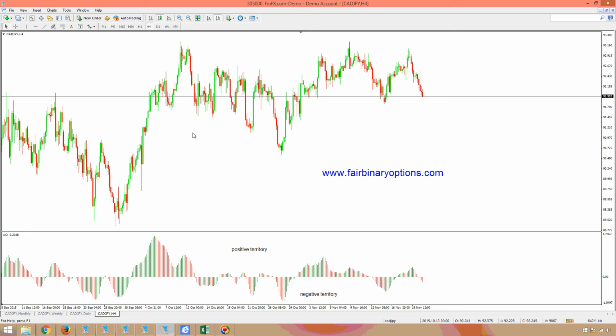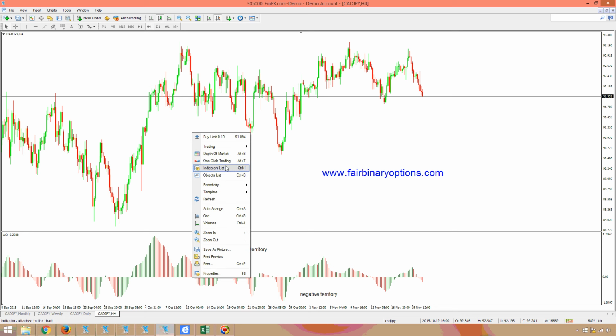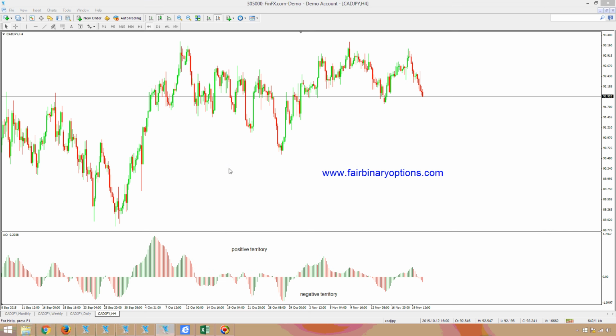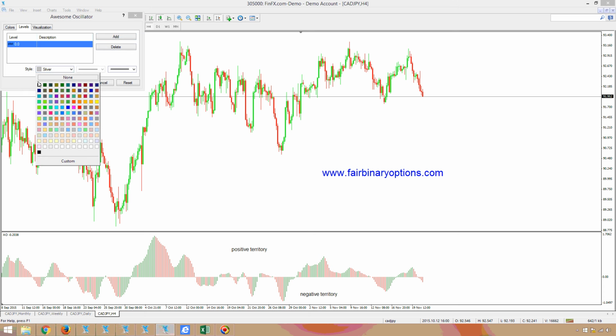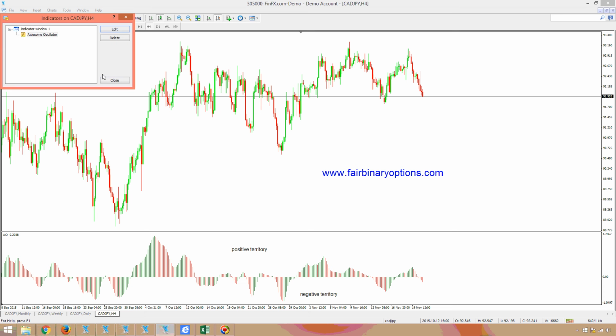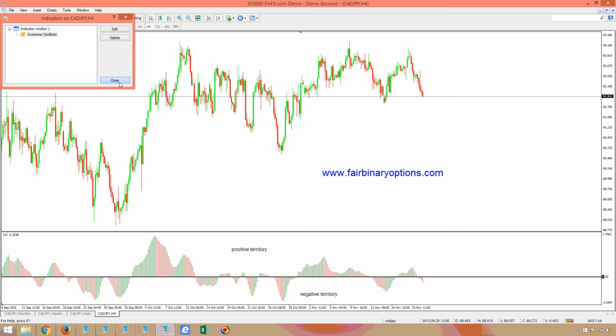So right clicking on the screen and choosing the indicators list, we choose the awesome oscillator, we go with edit, and we want to add a level. In order to find the transition between positive and negative, or from negative to positive, we add the 0 level, and let's make it black.